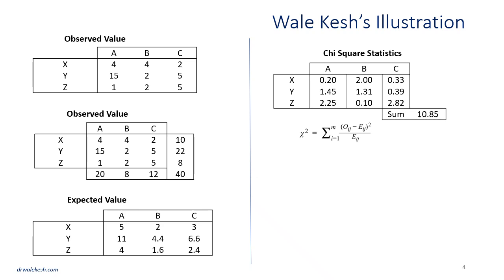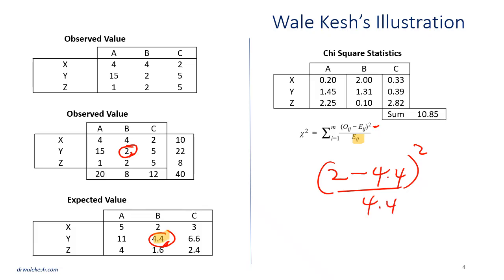Let's do one more. Let's imagine we are picking this. We start with the observed, which is 2, minus the expected, which is 4.4, all squared, all over the expected. The expected is 4.4. What I expect us to get is 1.3.